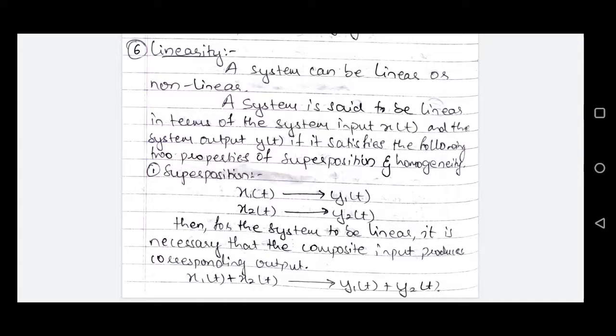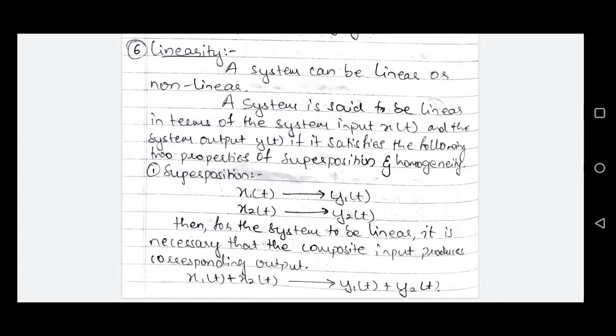A system is said to be linear if it satisfies the property of superposition and the principle of homogeneity. If either of these two conditions fails, then the system is said to be non-linear. Compulsorily, both of these conditions are to be satisfied. Then only is a system said to be linear.